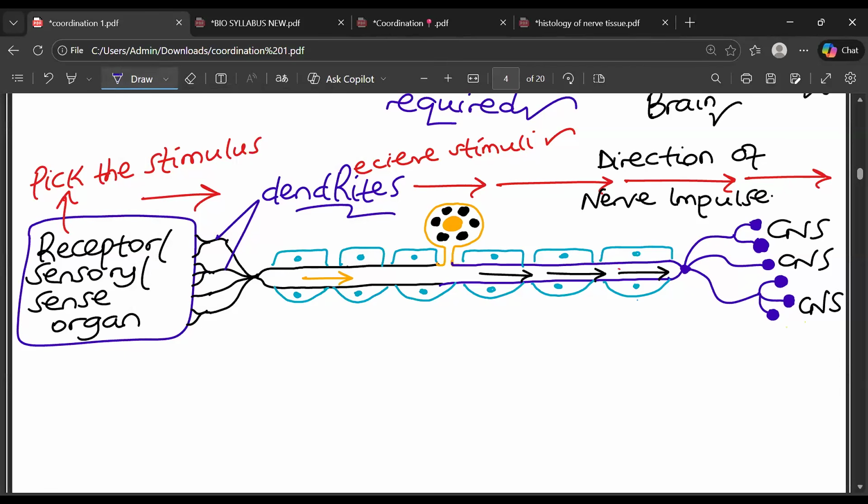Okay, now I want you to listen. This one is our cell body. Cell body. Are you listening? Then this thing in black, I'm going to show two of them.